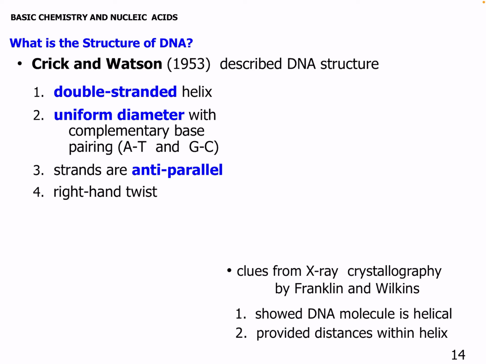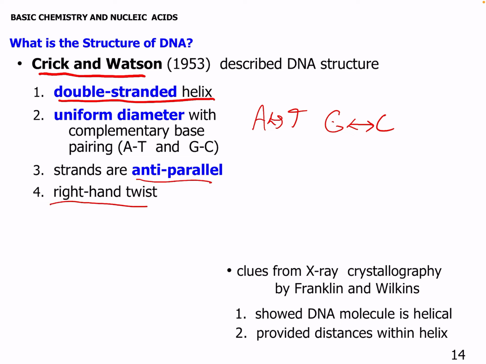So Crick and Watson, which you may have heard about, are the ones that described the DNA structure, and were the first ones to find it. They described DNA as a double-stranded helix structure with a uniform diameter with complementary base pairing. As I mentioned, certain bases only pair with certain others, so A will only match with T and vice versa, and then it's G to C. These strands are anti-parallel, and they have a right-hand twist.